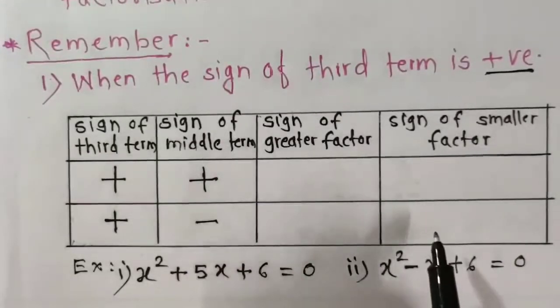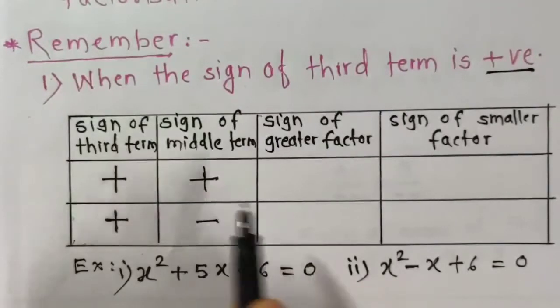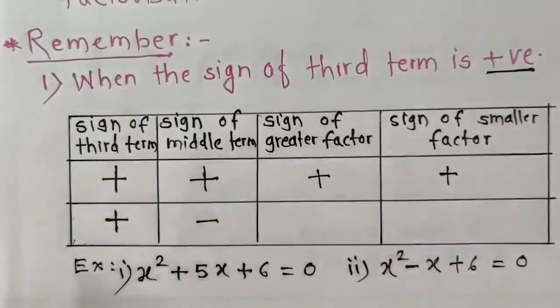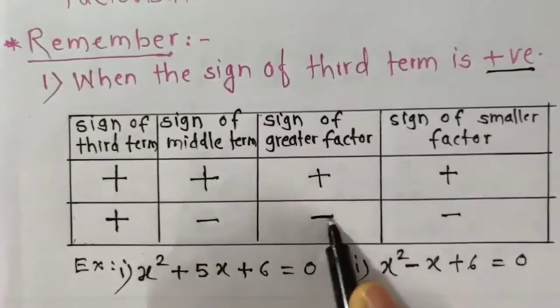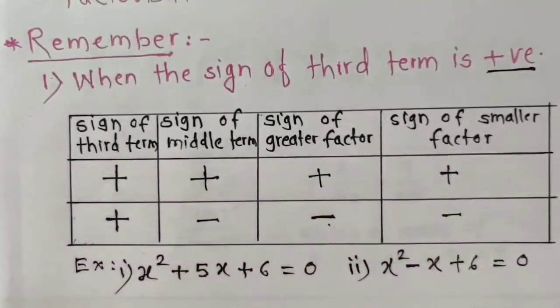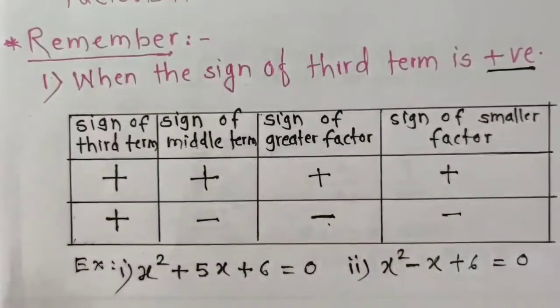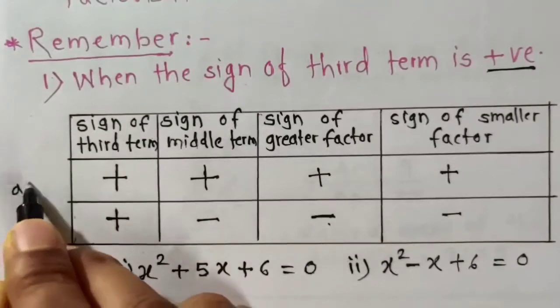That sign depends upon the sign of the middle term. If the middle term is positive, both the factors are positive. If the middle term is negative, then both the factors are negative. So whenever the product is positive, the sign of the factors depends on the sign of the middle term.